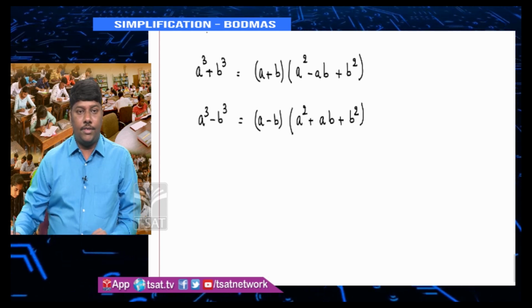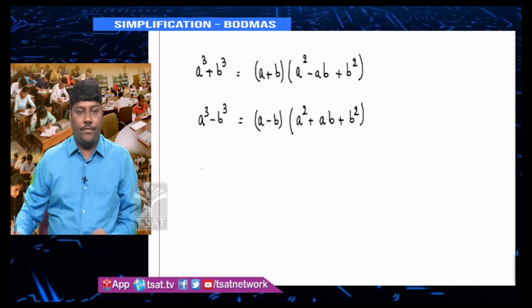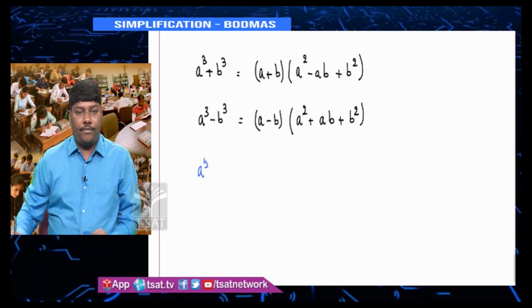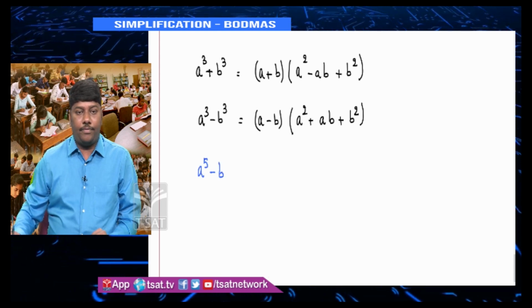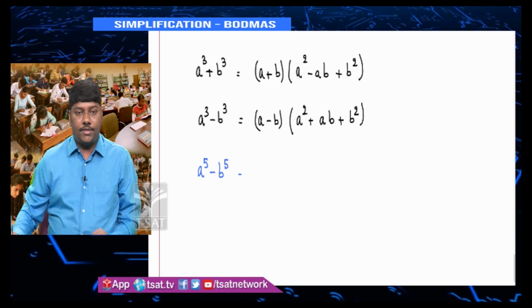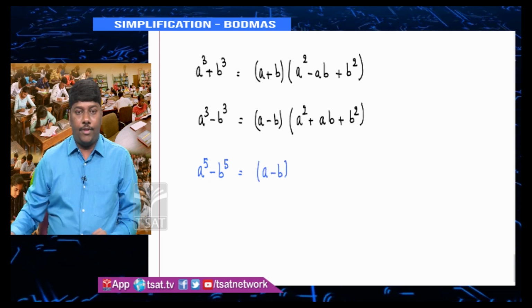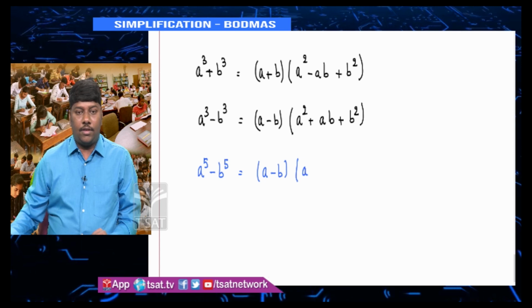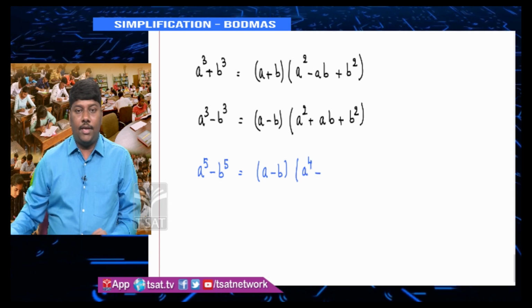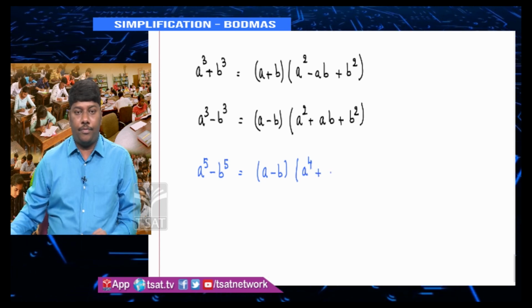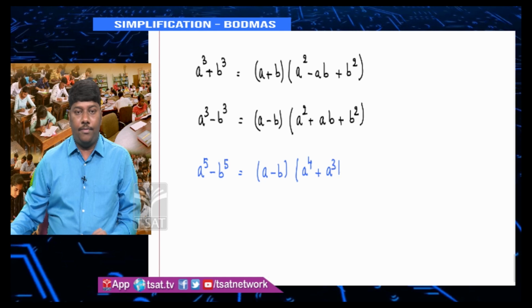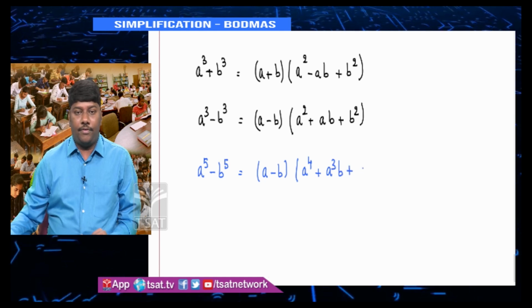This is not only for this, for any odd power. Even if I write a power 5 minus b power 5. So, when it is minus, write down a minus b, then after that take a power 4, decrease the power of a: a cube b, then increase the power of b.